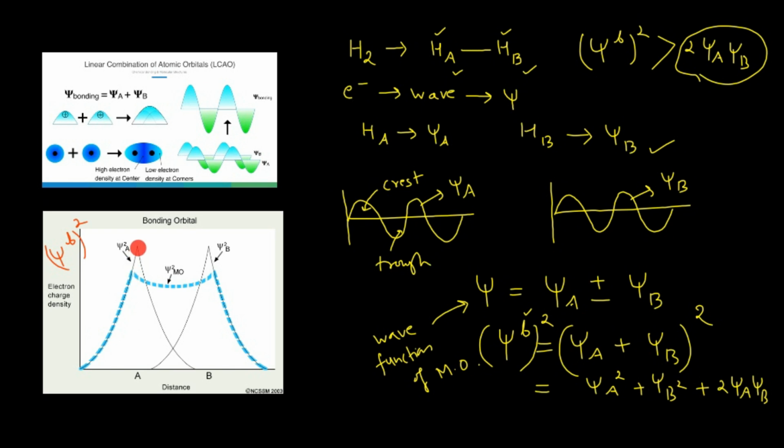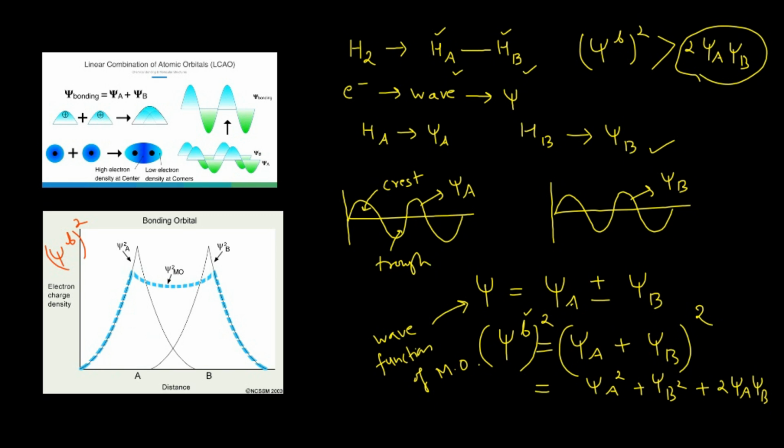It represents the electron charge density of hydrogen atom A, and this is the electron charge density of hydrogen atom B, and this blue area represents the electron charge density of this particular molecular orbital.